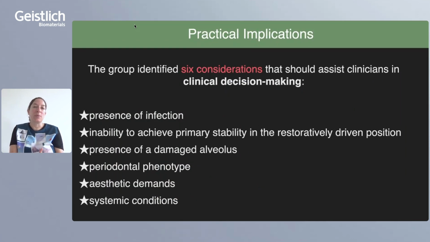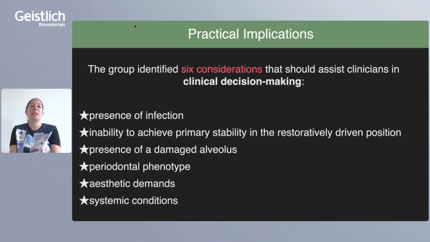So the group that has been writing these systematic reviews has come up with 6 considerations that can assist us clinicians in clinical decision making. The first would be whether there is a presence of infection. We do have clinical data that when we have a tooth which requires extraction with an apical infection, immediate implants can be placed and they work fine.